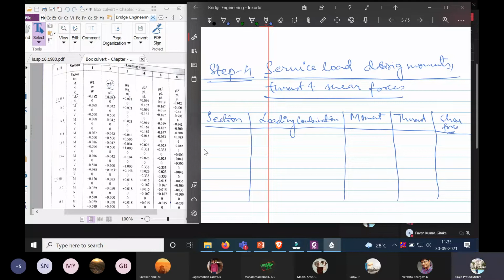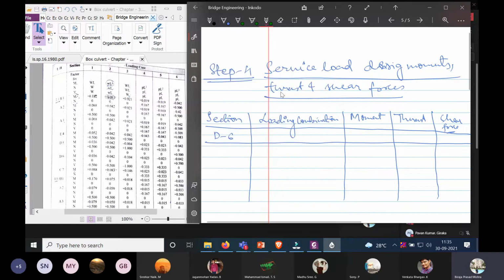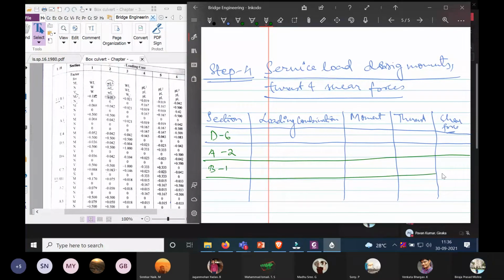The different sections are: the first section is section D6, then section A2, then section B1, then section C7, and then section E4.